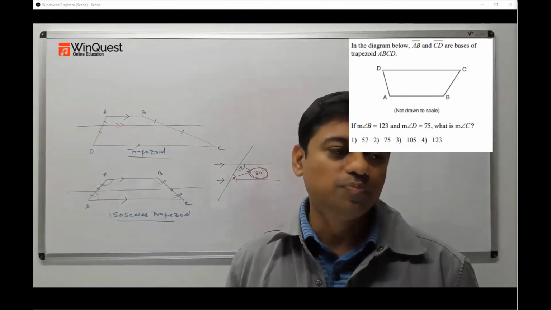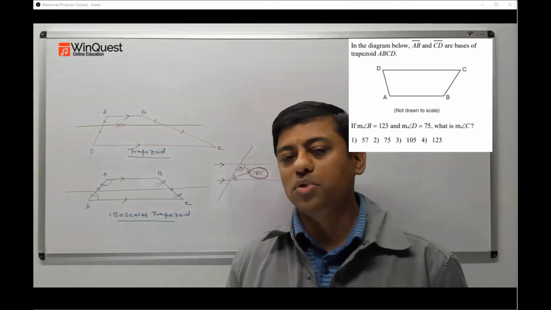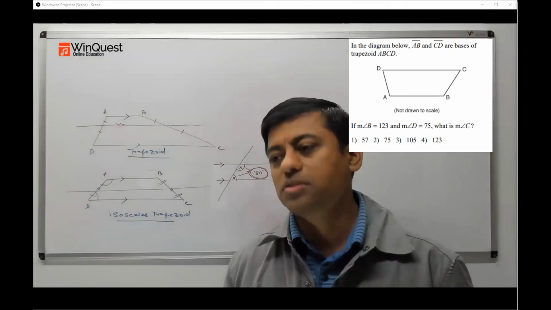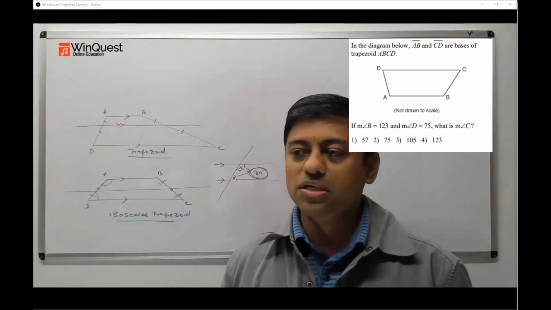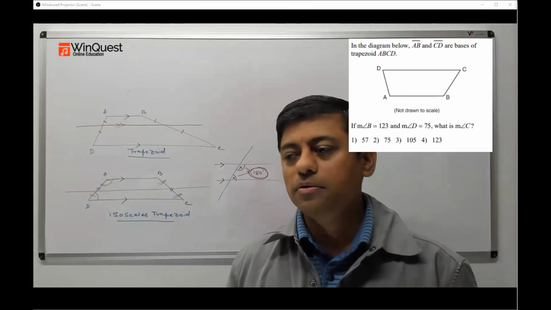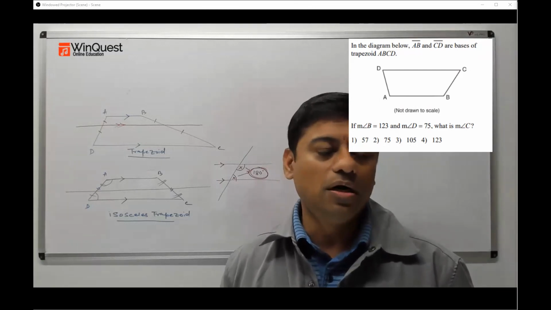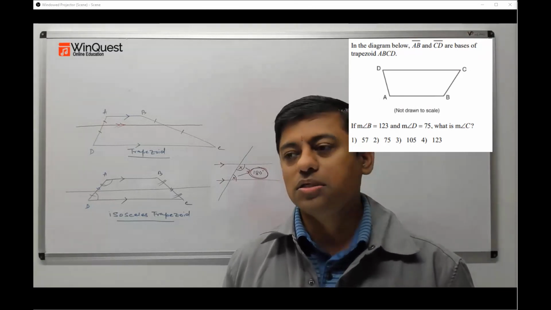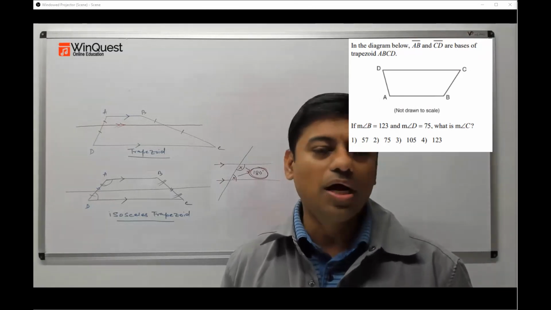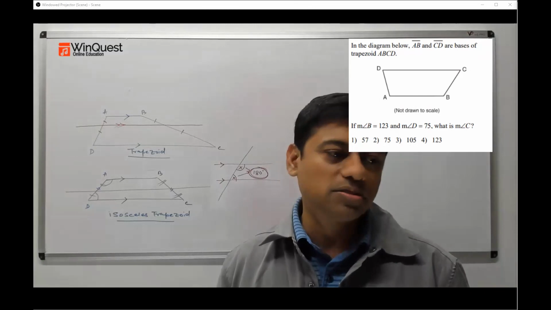Please try to spend some time on the plane geometry portion, because we just finished discussing quadrilaterals. We have discussed rectangles, square, triangles within the quadrilaterals, rhombus, parallelogram, trapezoid, isosceles trapezoid.